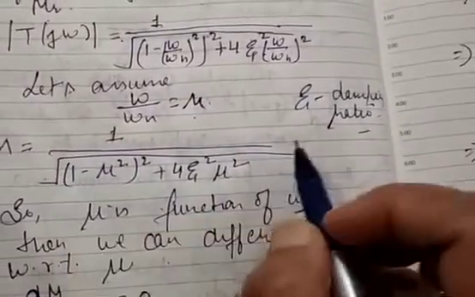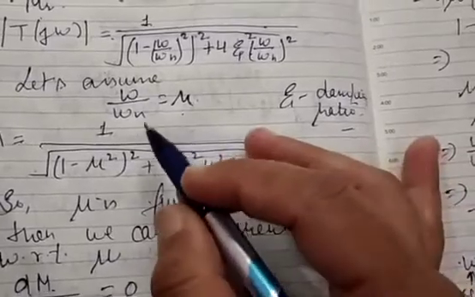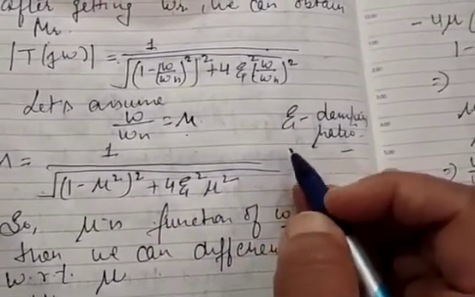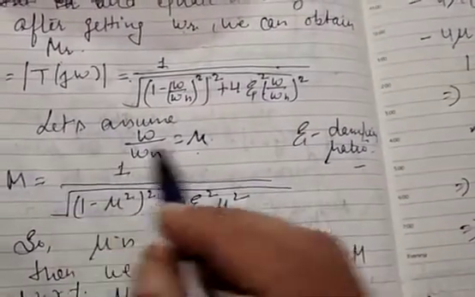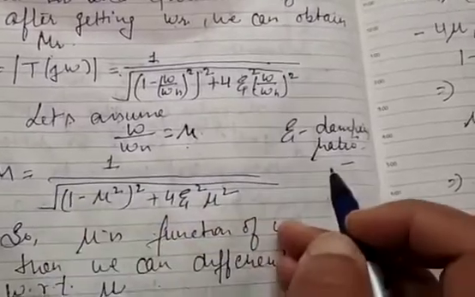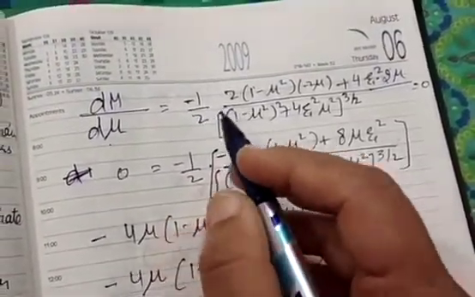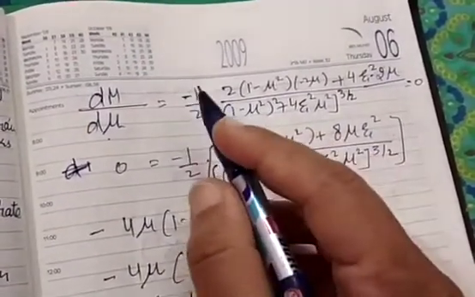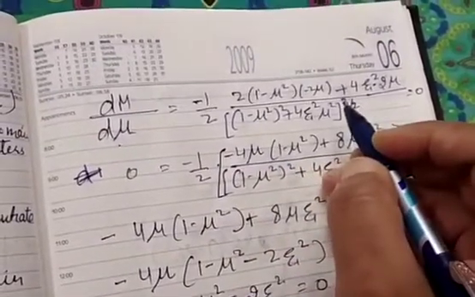This denominator term, if we take it to the numerator place, we can write its power as minus 1 by 2. For differentiating, first of all, we have to multiply the term with the power, so minus 1 by 2, and then we have to subtract 1 from the power. So minus 1 by 2 minus 1 gives minus 3 by 2.